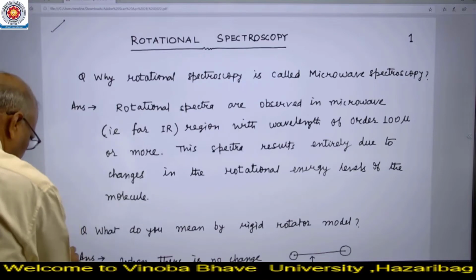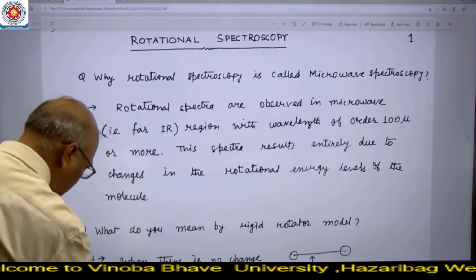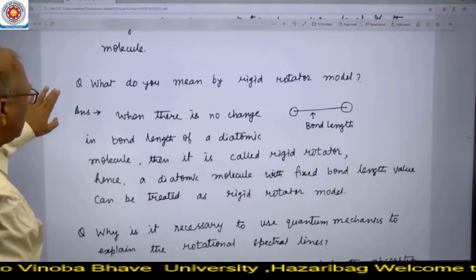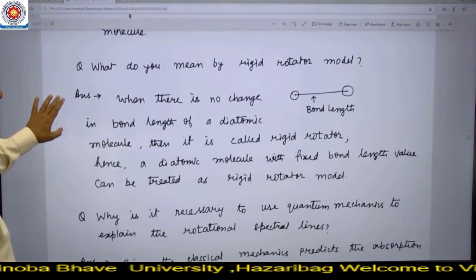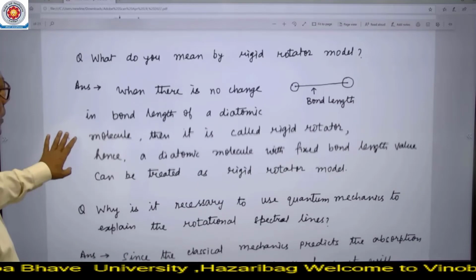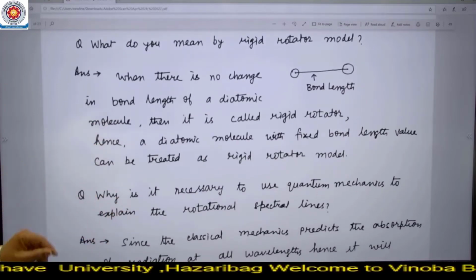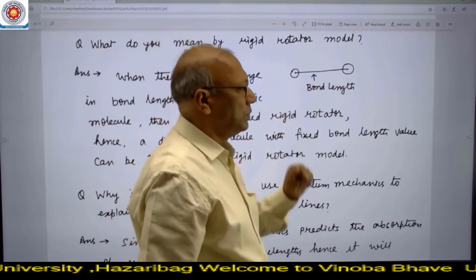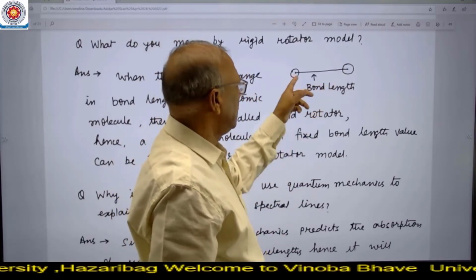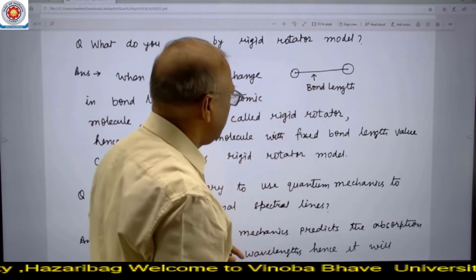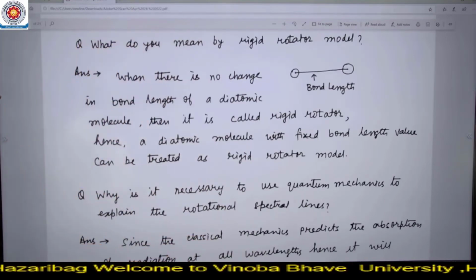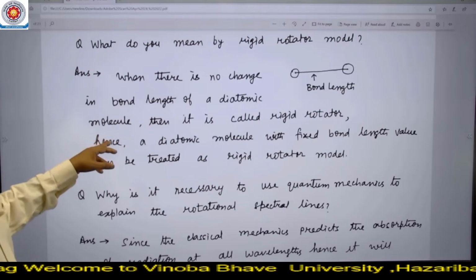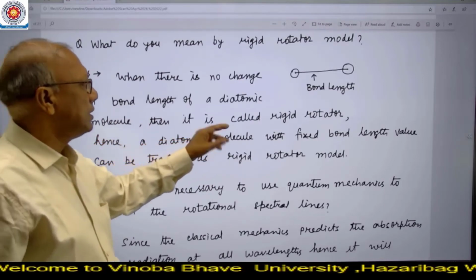Now, another question is, what do you mean by rigid rotator model? When there are no changes in the bond length of a diatomic molecule, suppose this is a diatomic molecule, these are the two atoms bonded together, and this is the bond between these two atoms, and if there is no change in the bond length, then it is called a rigid rotator.